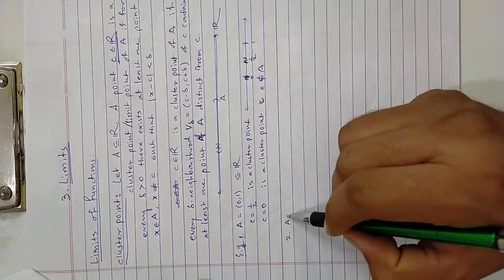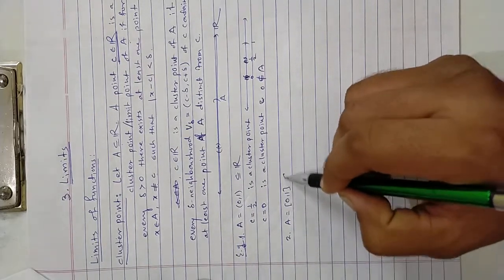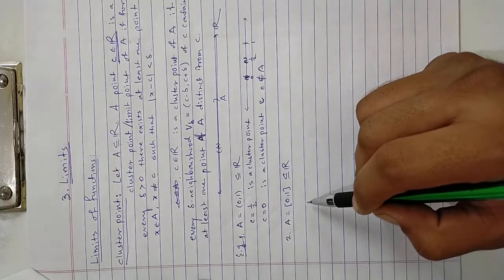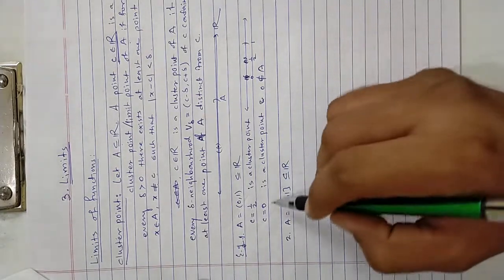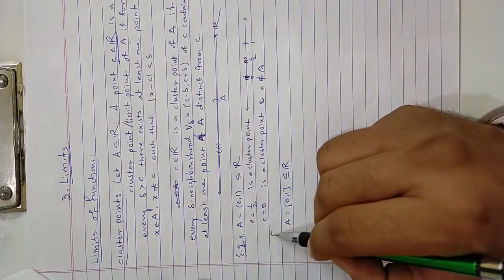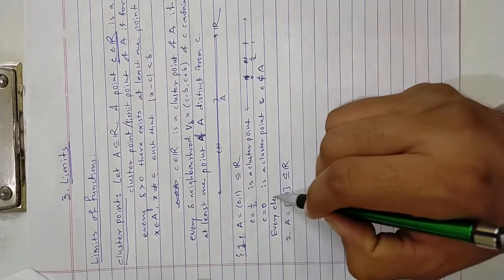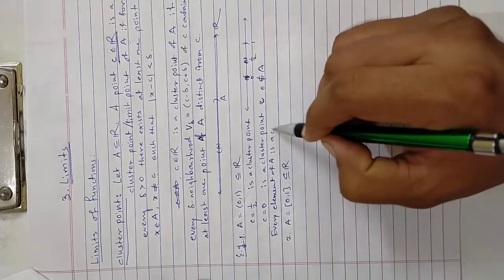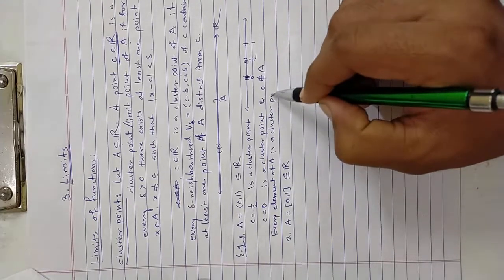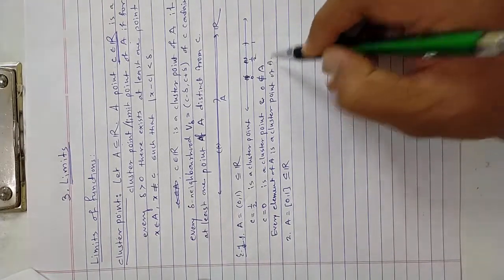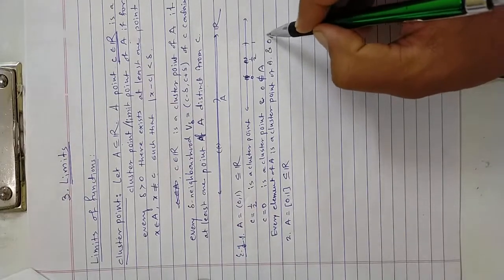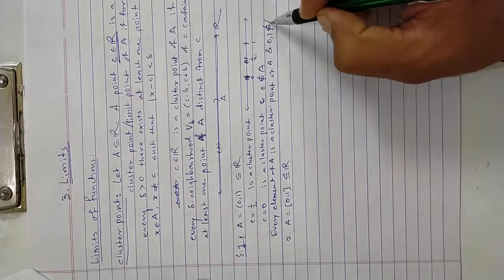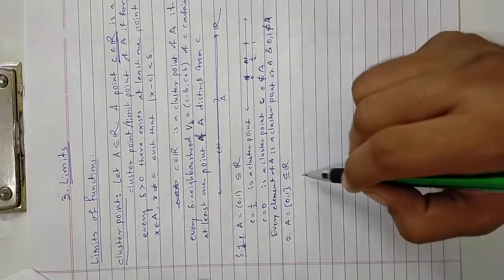If I take example 2 to be this set, for this, every element of A is a cluster point of A, and 0 and 1 are also cluster points but are not in A, but they are also cluster points.